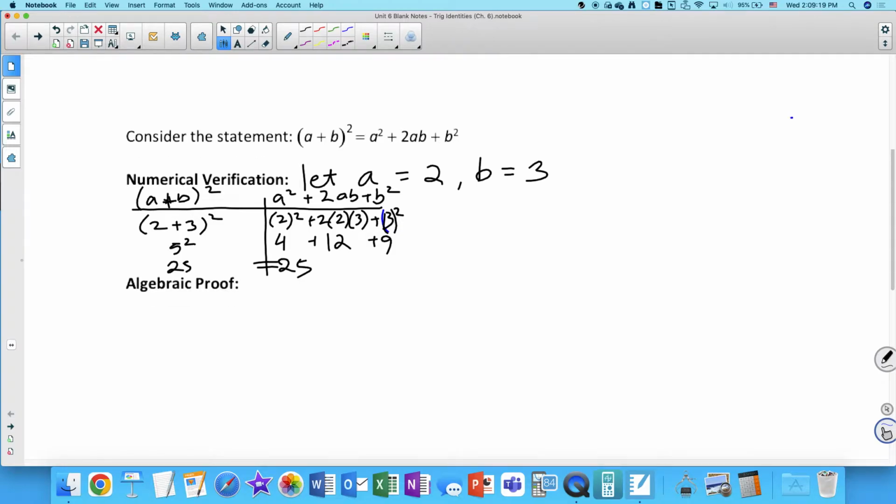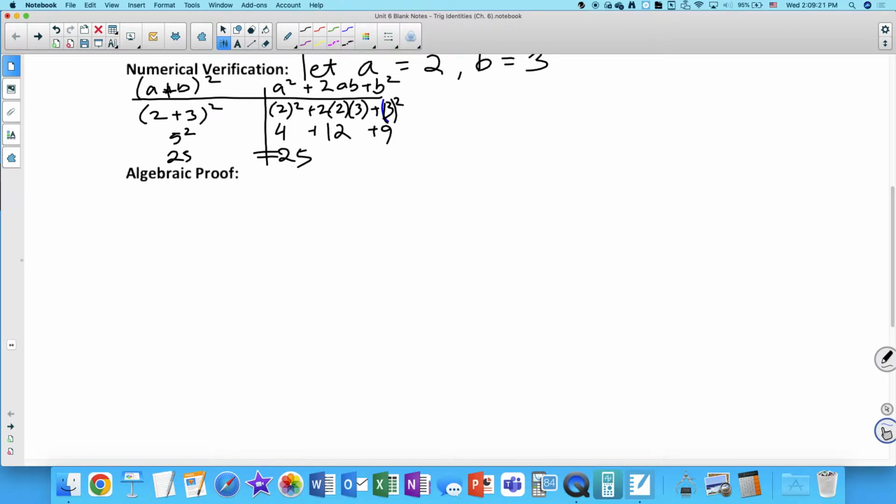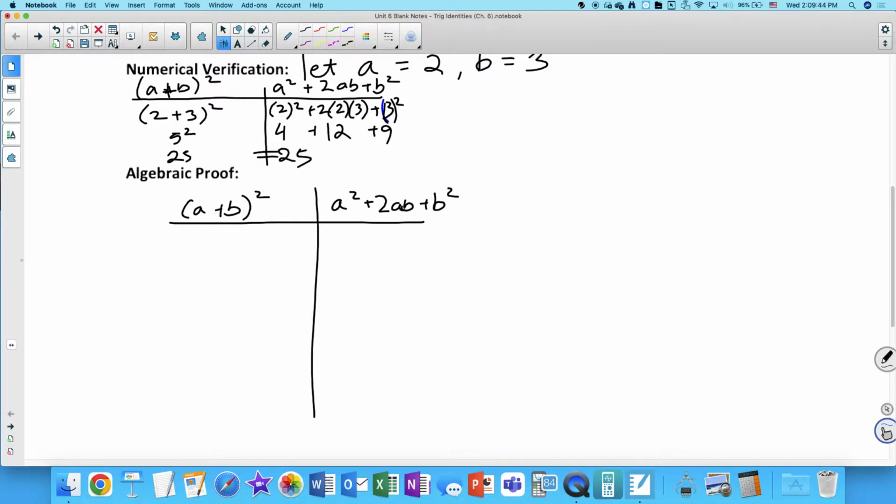When you are proving algebraically that a left side equals a right side, essentially what you want to do is, at the end of the day, have the left side expression be exactly the same as the right side expression. So sometimes what that means is that you just work on one side and turn it into the other.